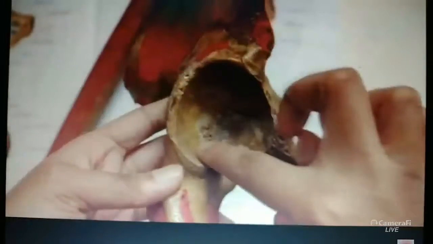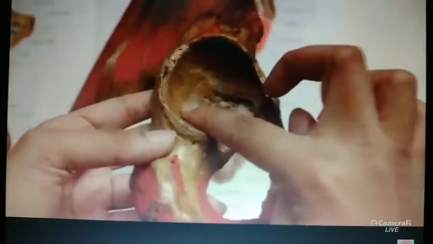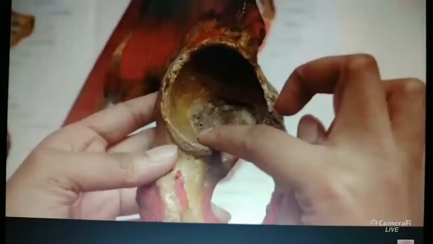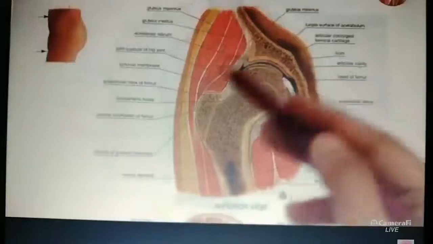The acetabulum is of the hip bone, and the head of the femur is smooth and half of a sphere. It is covered by cartilage except the fovea capitis. The acetabulum presents articular surfaces. This one is the acetabular notch and this one is the acetabular fossa.